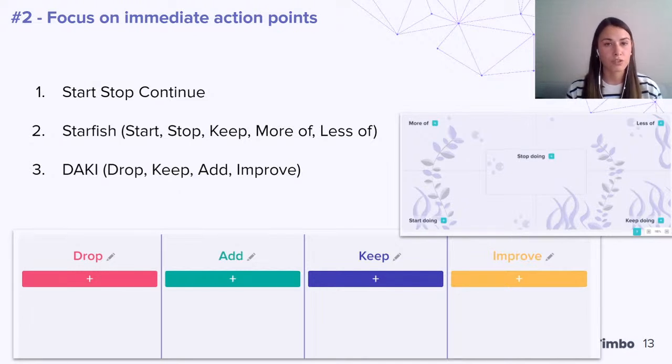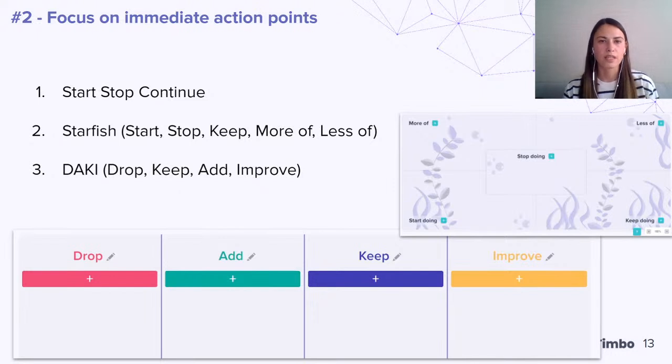They are very action-oriented, and they are just very focused on what you should do and what you should not be doing. So if you feel that your team knows the problems, if you feel that your team is ready to share something with you, you can always try those, and they will do what you need.